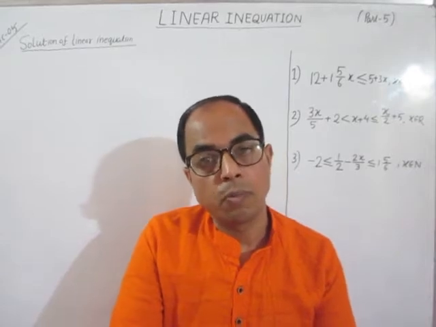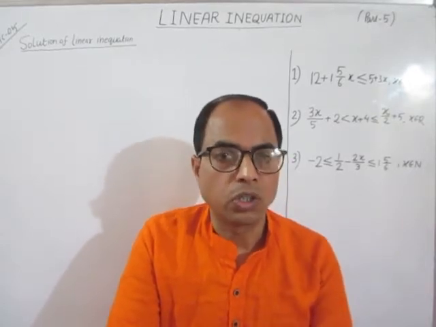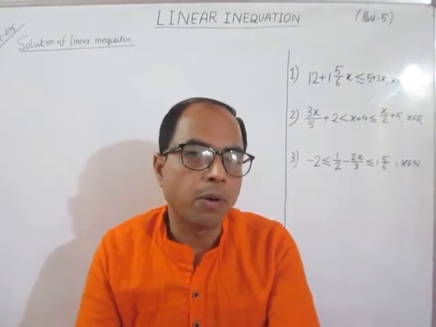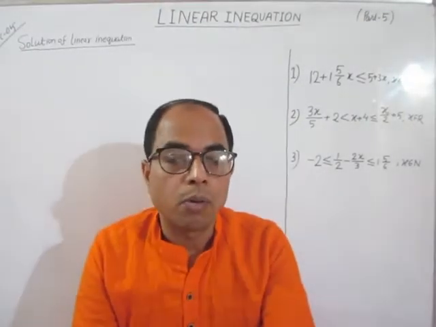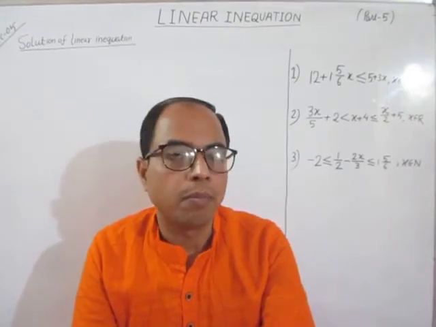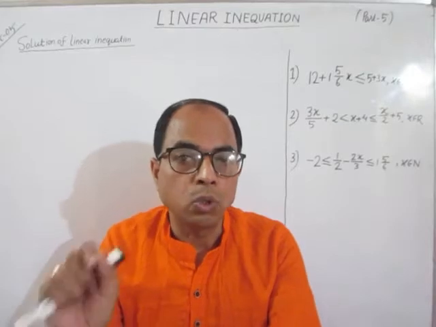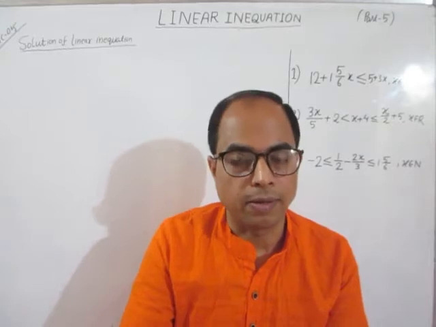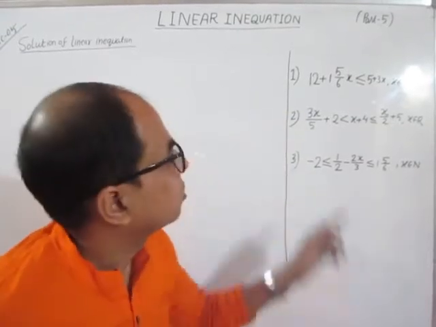So whenever you are multiplying each term by a positive number, keep the sign of inequality as it is. And if you are multiplying each term by a negative number, then you have to reverse the sign of inequality, whatever it is given. So let's start the first question.